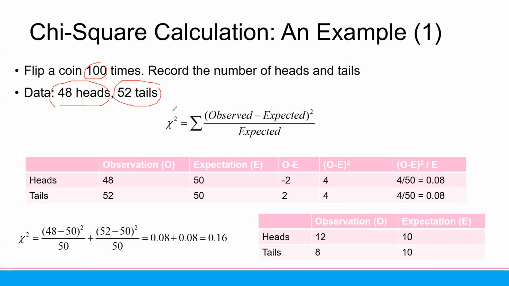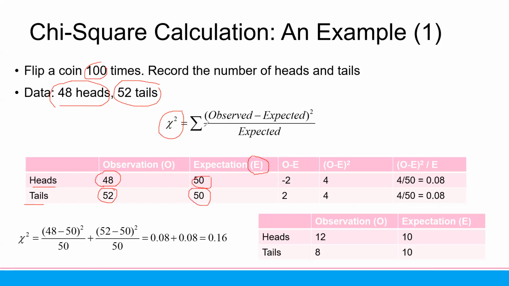So how can I calculate the chi-square? For the heads, the observation is 48, and for the tails, the observation is 52. What is the expectation? Because it's a coin toss, I expect half and half, so 50 and 50.